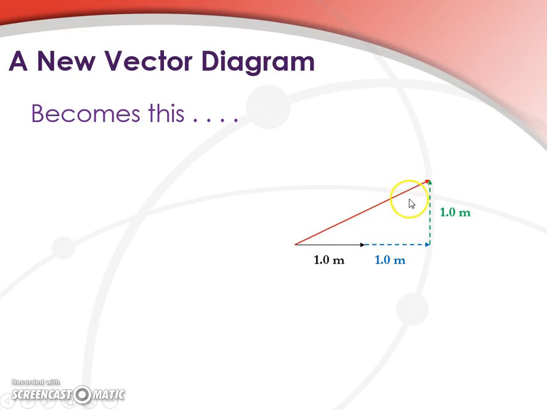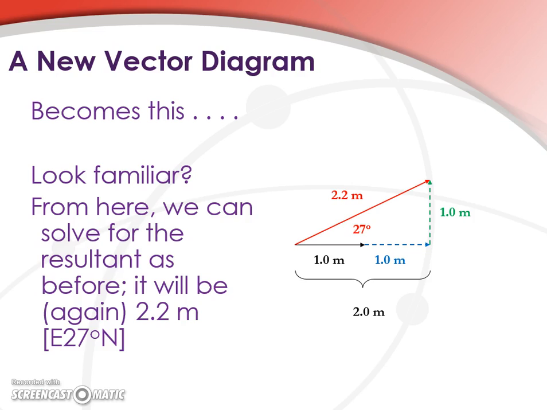And so the sum of these is this. And of course, the mathematics of this is identical to our first problem, 2 meters east, 1 meter north. And the resultant again will be the same, 2.2 meters, 27 degrees north of east.